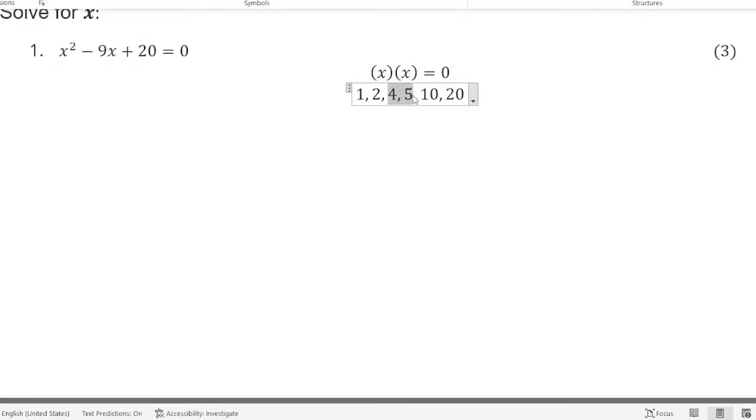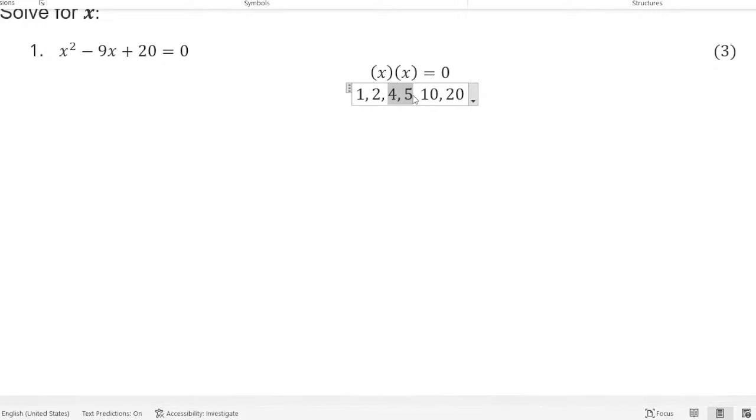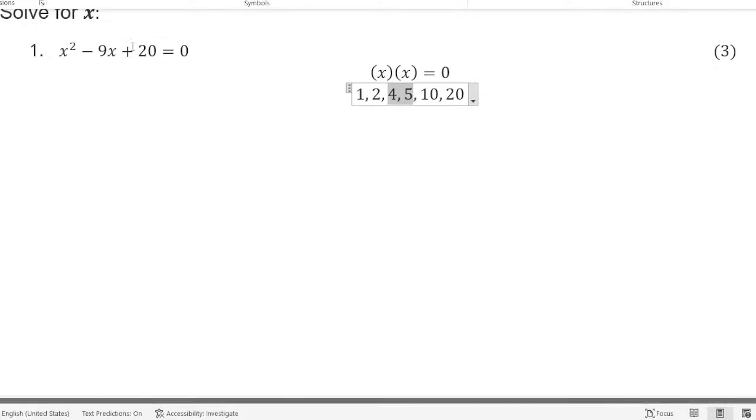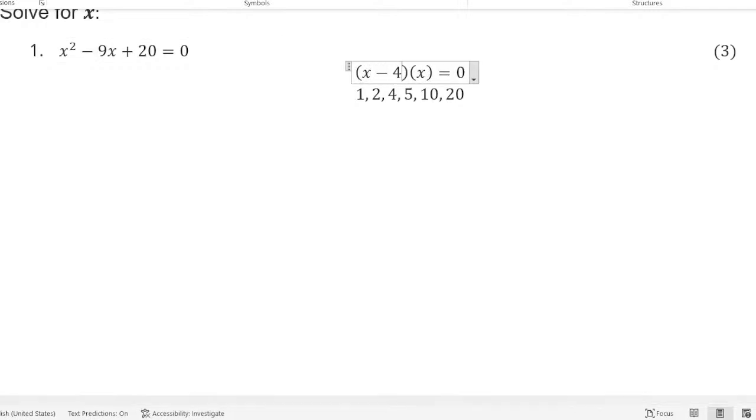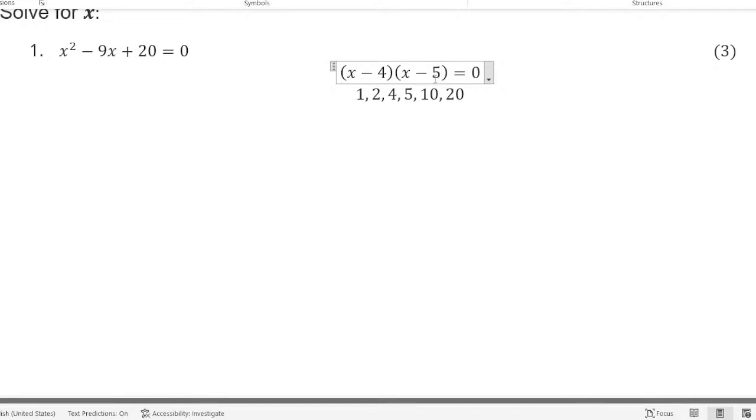If the last term is positive, we'll have the same sign, that is, we take the sign of the middle term. In this case, the sign of the middle term is negative. So here we'll have x minus 4 into x minus 5, right? So these are the correct factors that you're going to use.